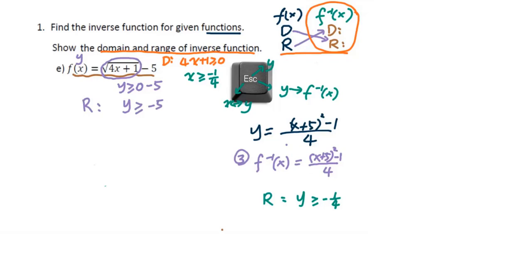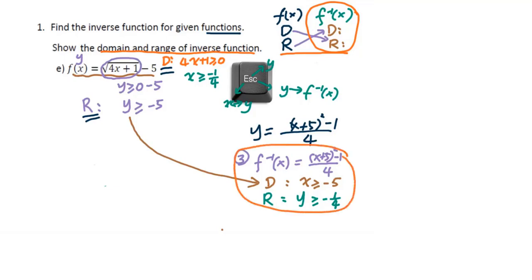In other words, it will be the domain of the inverse function. That is x greater than or equal to negative 5. So when you have a square root function, it's easy for us to figure out the domain and range. Then switch domain and range to get the domain and range of the inverse function.